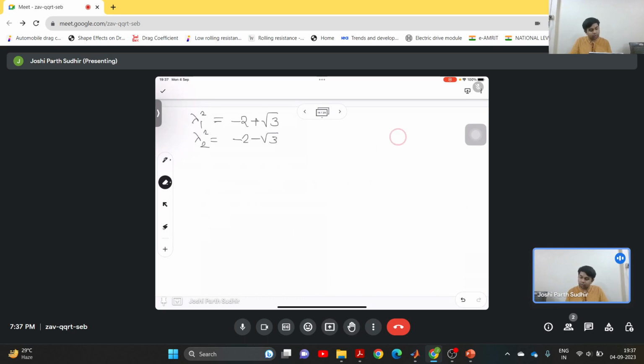So therefore the roots lambda 1 1 and lambda 1 2, so let us call lambda 1 1 the root of lambda 1 square, and lambda 1 2 is minus root of lambda 1 square, and lambda 2 1.